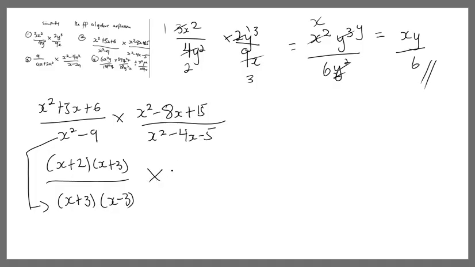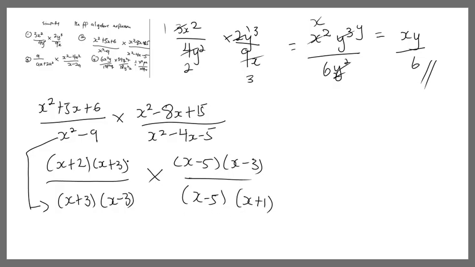Then times this one too, we have x minus 5, x minus 3, all divided by x minus 5, x plus 1.